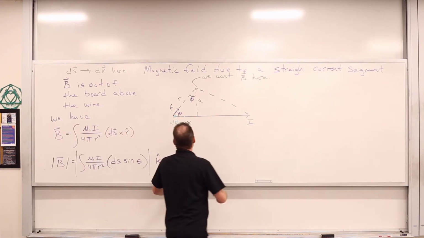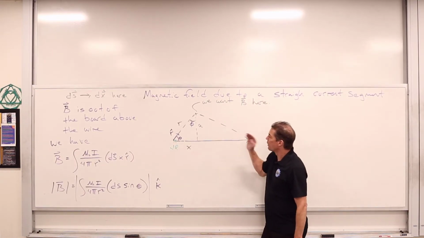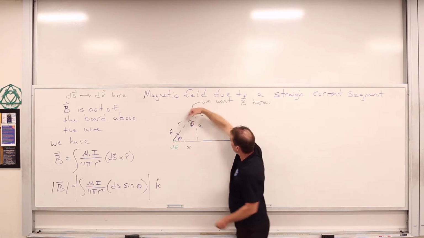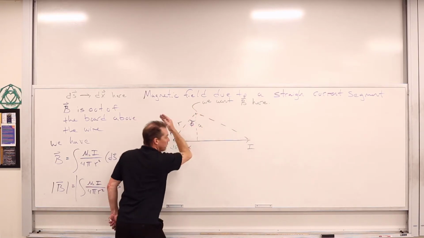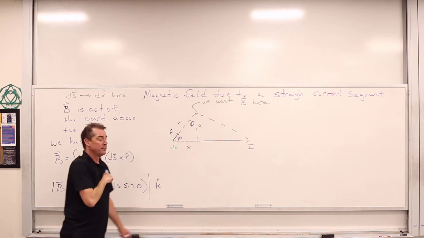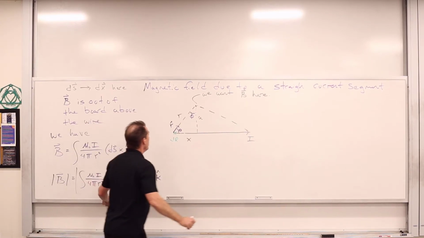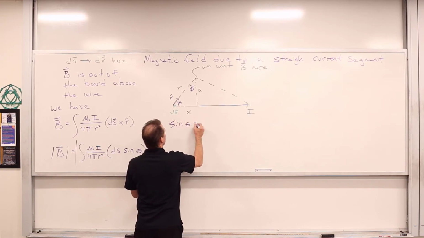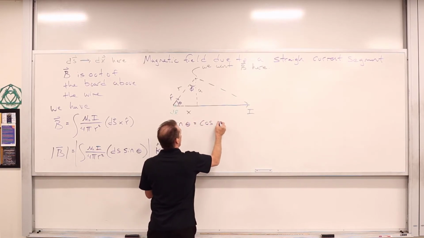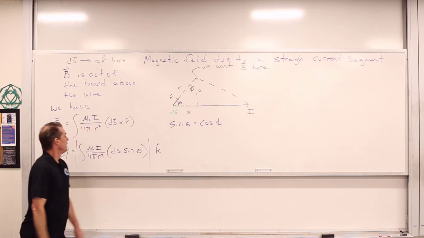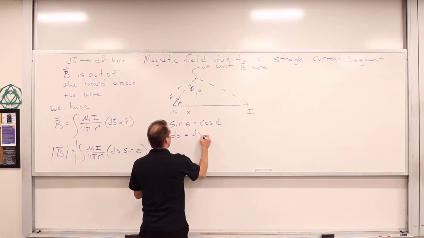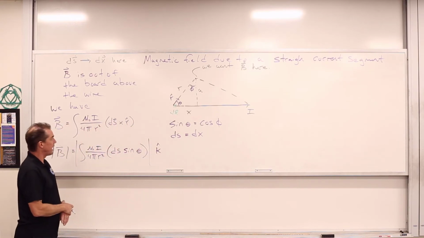It ends up being the easiest integration to sweep across an angle phi and go across the total line here. So that's exactly what we're going to do. So we know that the sine of theta is equal to the cosine of phi. And again, that ds is equivalent to dx in our particular case.